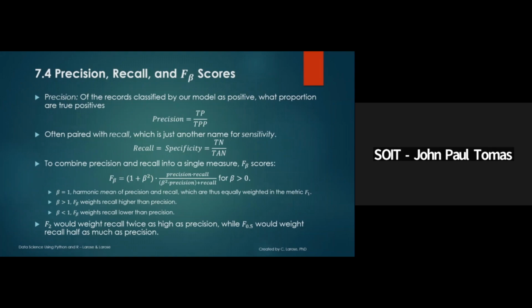It would be useful to combine the precision and recall into a single measure so that you may know the harmonic mean. That's why you have the F sub beta scores: F1, F sub beta 1, F sub beta 2, and so on. The harmonic mean of precision and recall is equally weighted in the metric of your F sub 1.